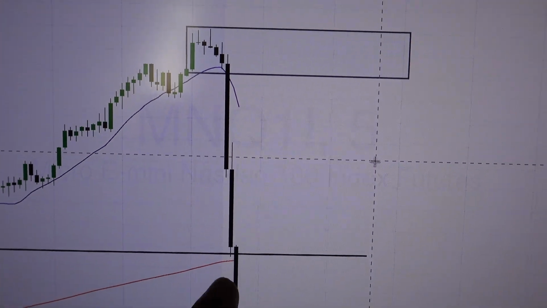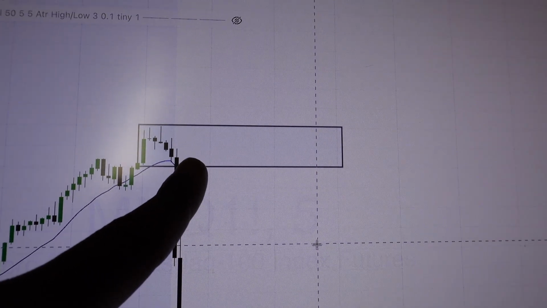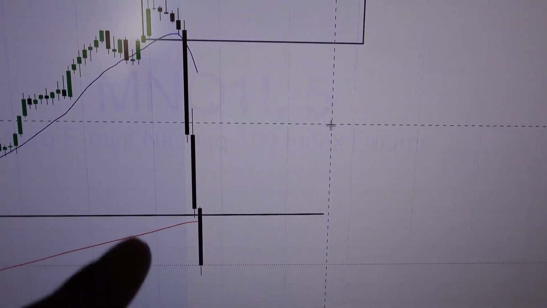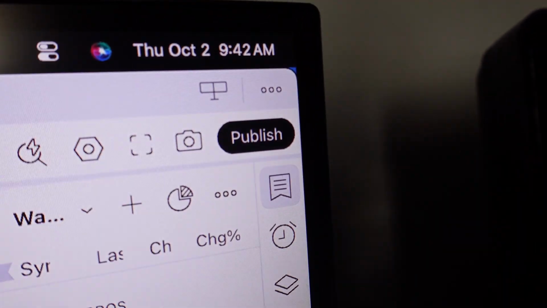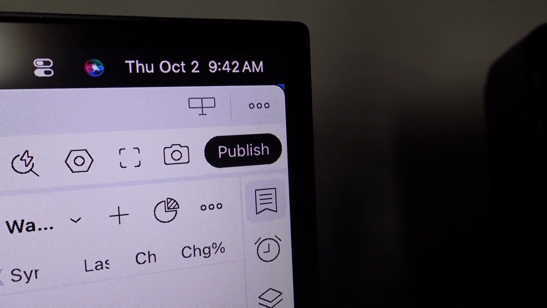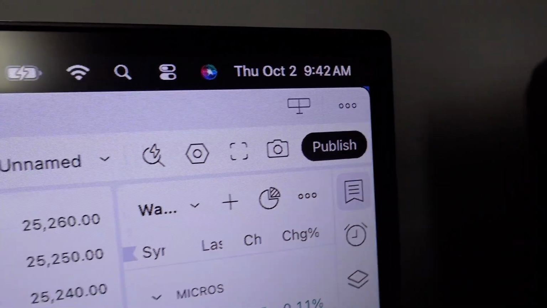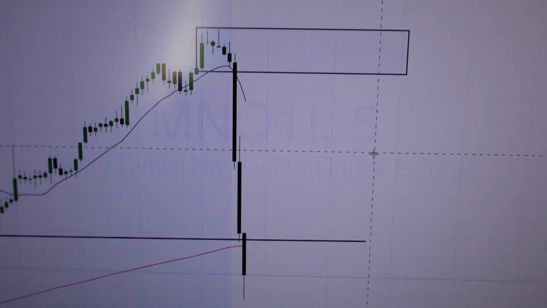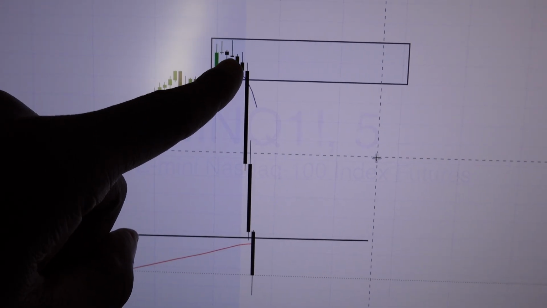So it did break my supply zones way up here. And I only trade between 9:30 to 11 o'clock. So right now it's 9:48. When it hits 11 o'clock, 11:30, I'm done trading for the day. So this is to be continued.